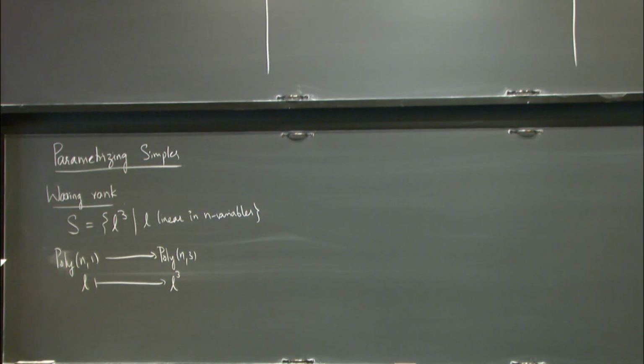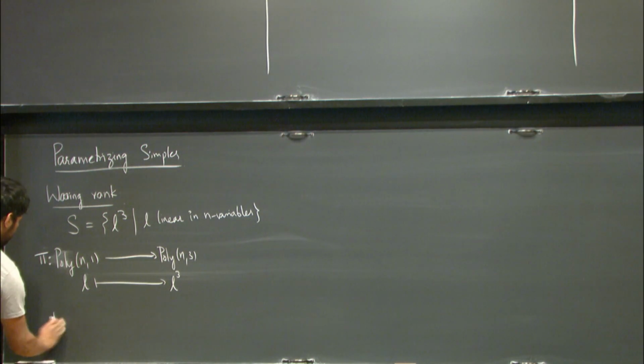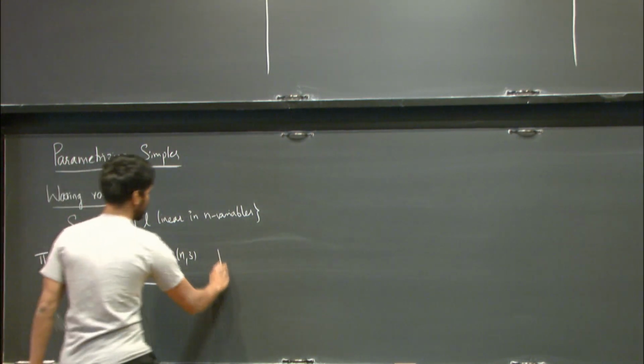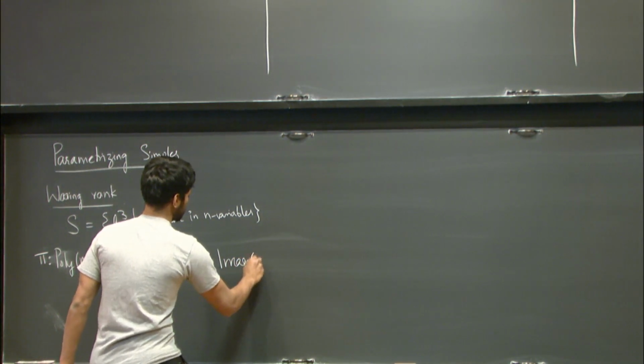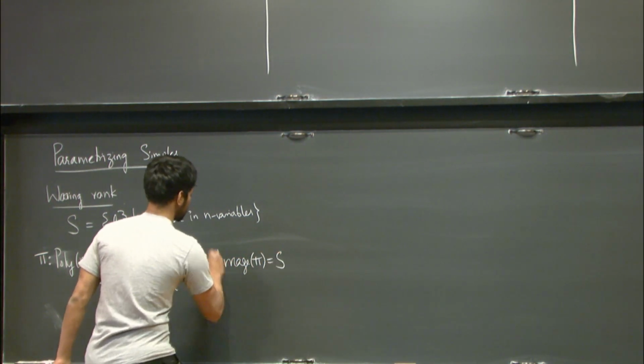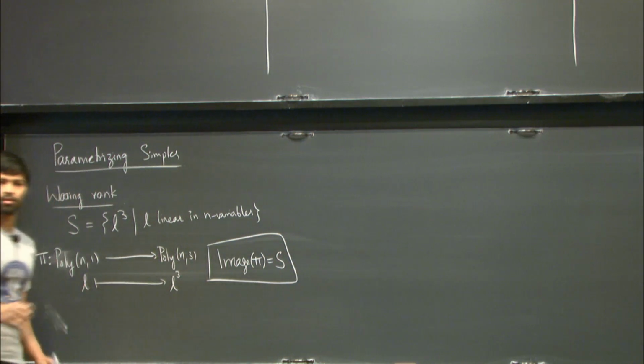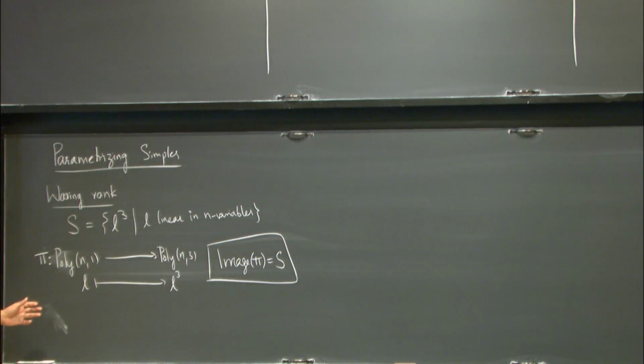I will call this parameterization pi, and what's happening is that the image of pi, so let me write it here, image of pi is precisely the set of simples. Yeah, just the definition of what the set of simples is.